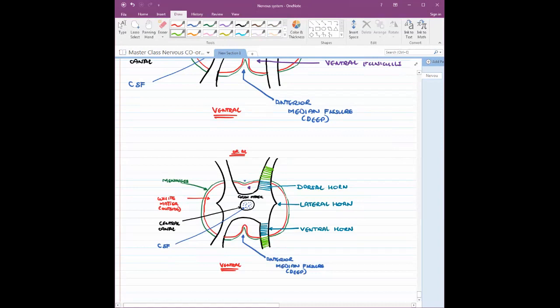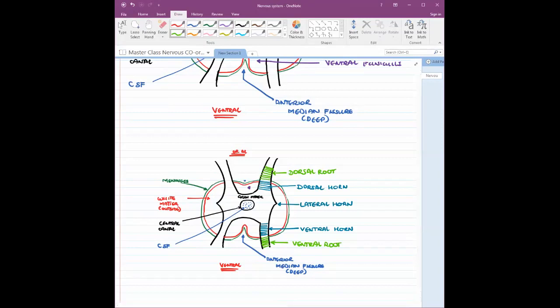Because it is on the dorsal side, it gives rise to your dorsal root. And on the dorsal side we see one ganglion, called the dorsal root ganglion. And this one, because it has come out ventrally, is the ventral root. So dorsal root, ventral root.